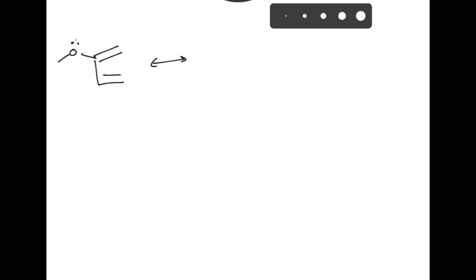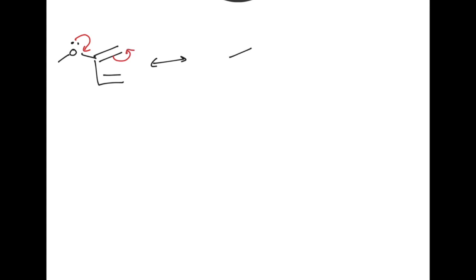The electron donating group doesn't always have to be on carbon 1 or carbon 4. It could also be on carbon 2 or carbon 3. If your electron donating group is on carbon 2, it can only push electrons to the opposite side of the double bond it is on, right?